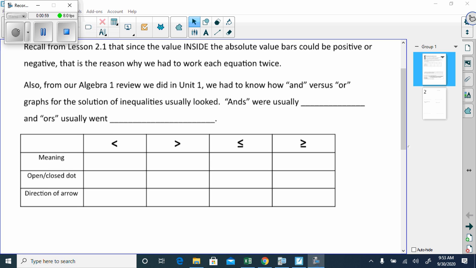And we usually knew what the graph of those would look like. We said if we had an AND statement, that it was between the 2 points. That's when our line was connected on the number line between the 2 points. So ANDs were usually connected.